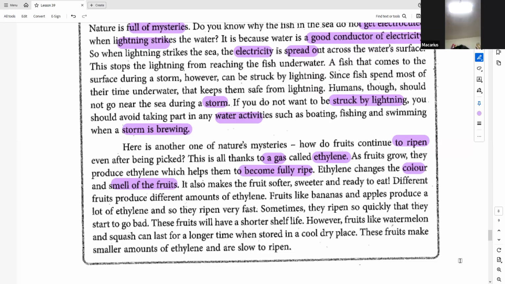Here is another one of nature's mysteries. How do the fruits continue to ripen even after being picked? This is all thanks to a gas called ethylene. As fruit grows, they produce ethylene, which helps them to become fully ripe. Ethylene changes the color and smell of the fruits. It also makes the fruit softer, sweeter, and ready to eat.